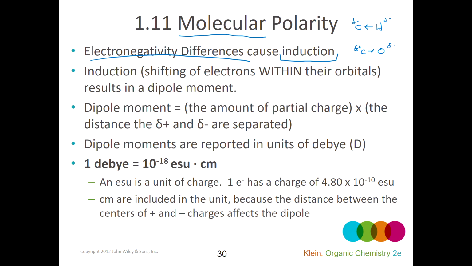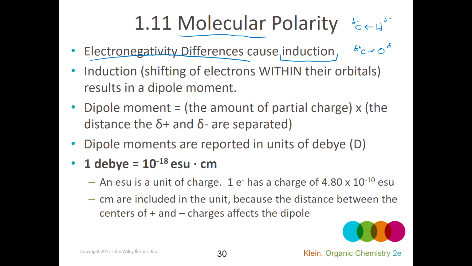If you have two elements in the same row on the periodic table, I might not give you the values, because I would expect you to know that as you go from left to right on the periodic table, you're adding more protons to the nucleus, and so those elements with extra protons are going to pull the electrons more, and they're going to have a greater electronegativity than the elements to the left of them.